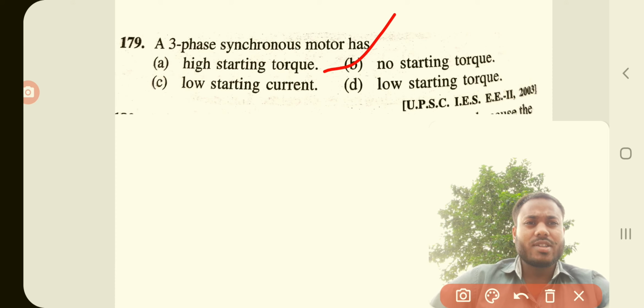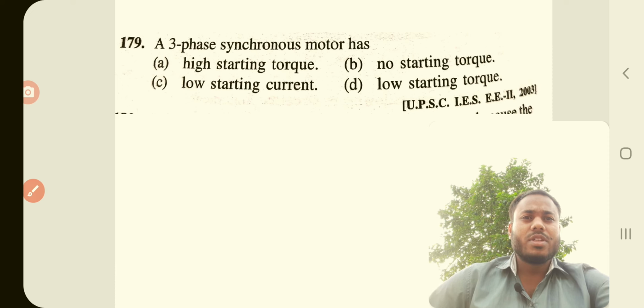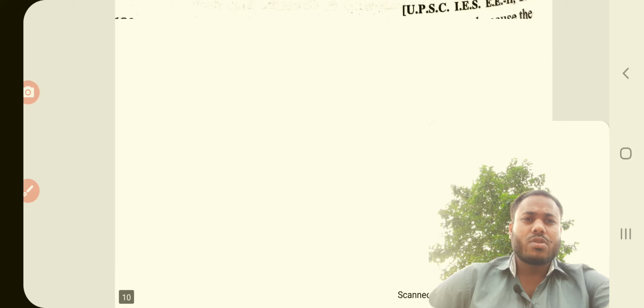So to start this synchronous motor, a squirrel cage type of bar is inserted into the rotor, and by that the synchronous motor can run. This is also a very interesting and fantastic question for all kinds of AE exams. So I hope you understand that in a synchronous motor there is always no starting torque.